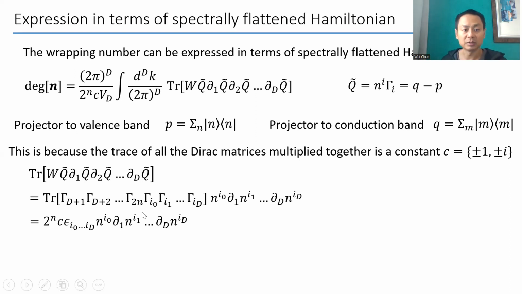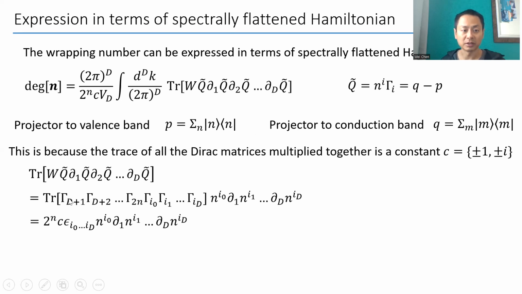If you only use some of them, then the product of the rest and the product of those that have been used together has a very interesting property, because the trace of all the Dirac matrices multiplied together is a constant. It's either plus or minus 1 or plus or minus i, depending on the representation of the Dirac matrices.